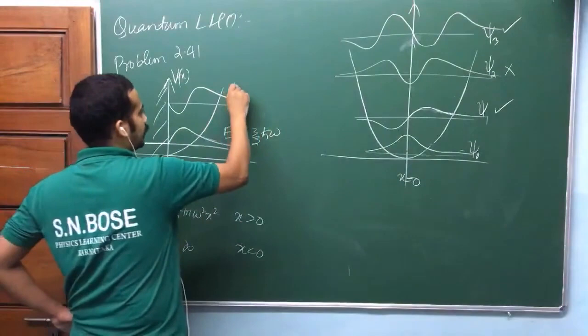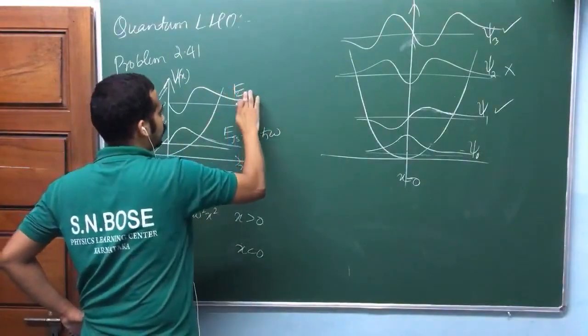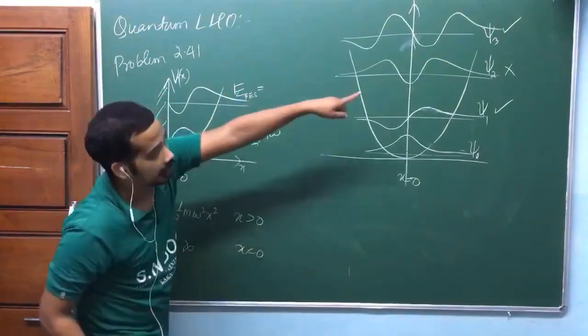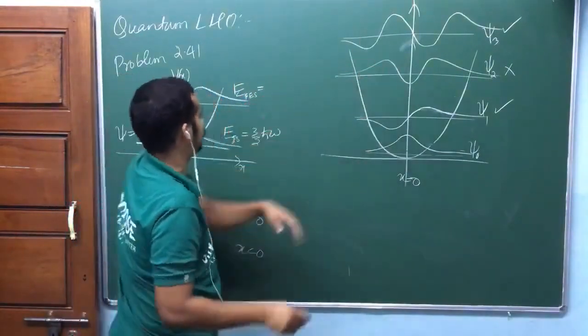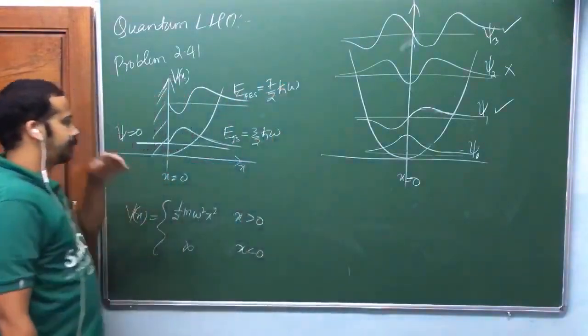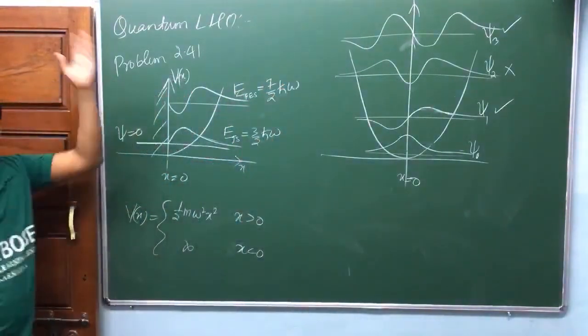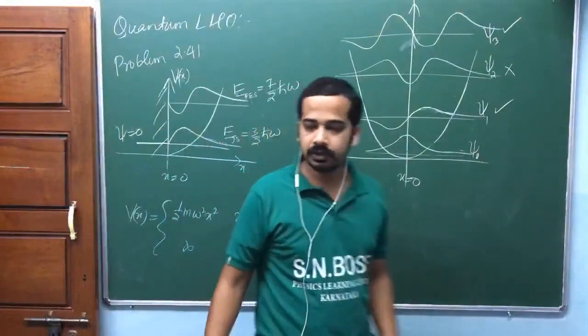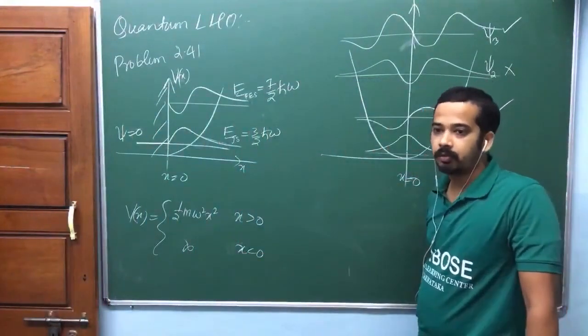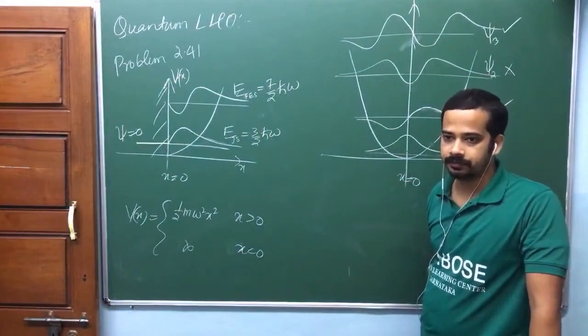This is the first excited state, corresponding to psi 3. What is the energy? Speak out. Like that it will go. We will solve this exact energy in the case of the WKB method, okay?